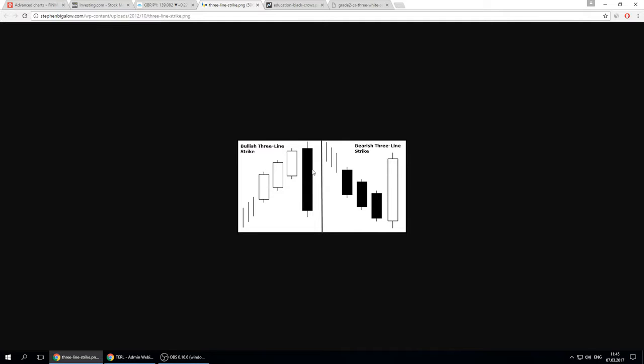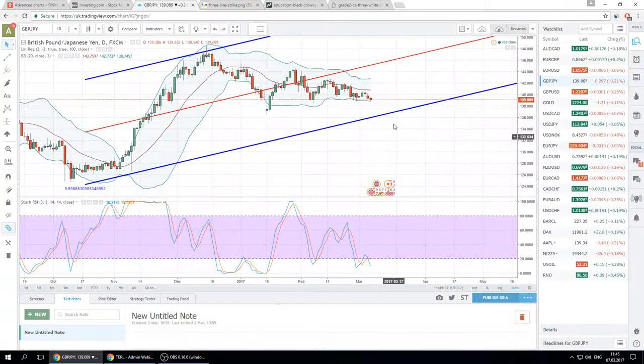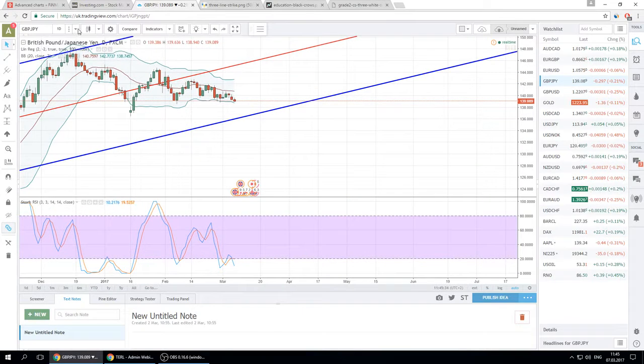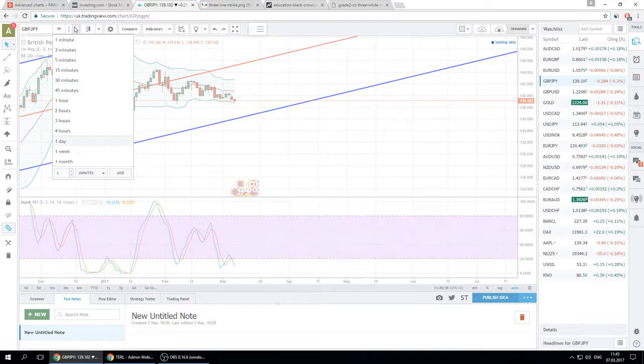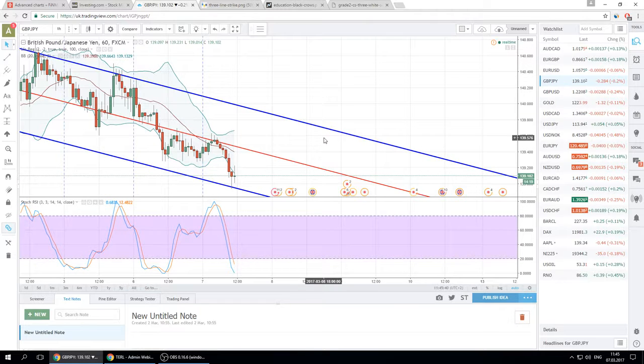When you see that there are signs of this pattern, of course it would be good to open the trade for low in this case, for high in this case, based on the time frame that you are using. Of course, this pattern came to us from the stock market, and mostly it was used for relatively long time frames, so 1 day.